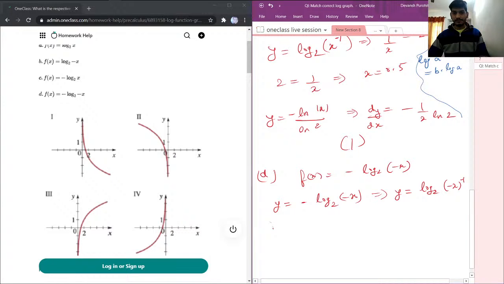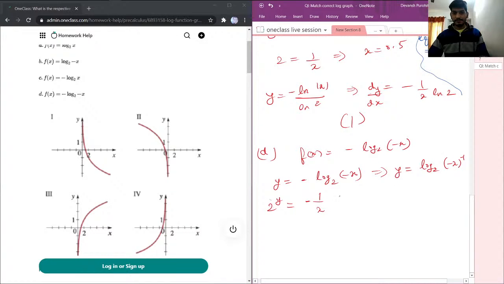Now I will take anti-log. So 2 power y will be equal to negative x power minus 1. I'll put the value of y as 1, so this will be negative of 1 over x. So x will be negative of 0.5.